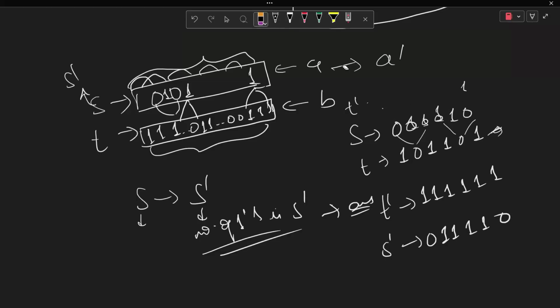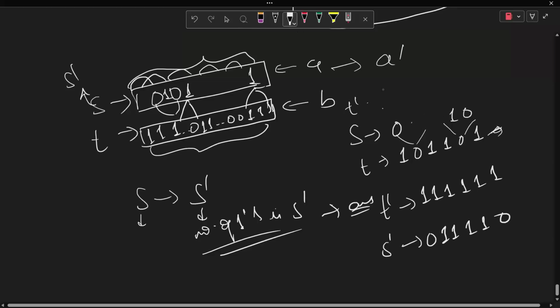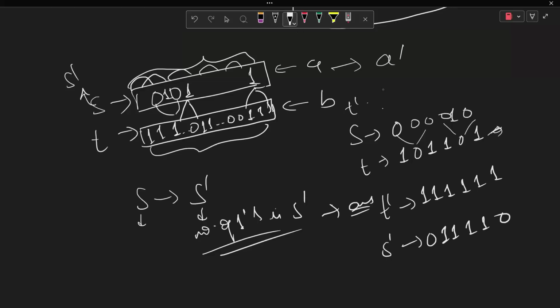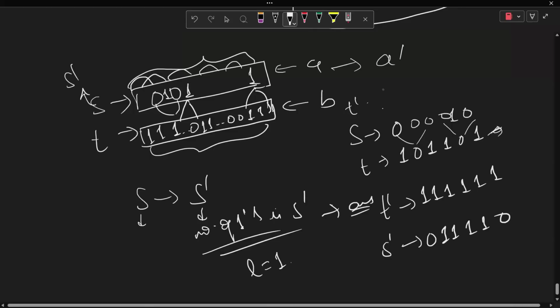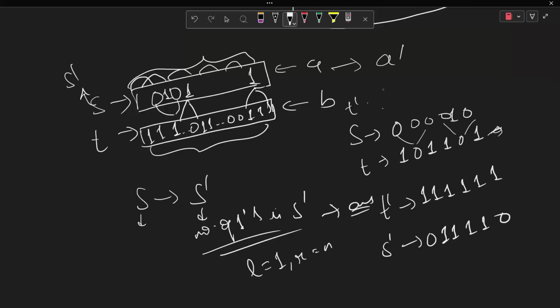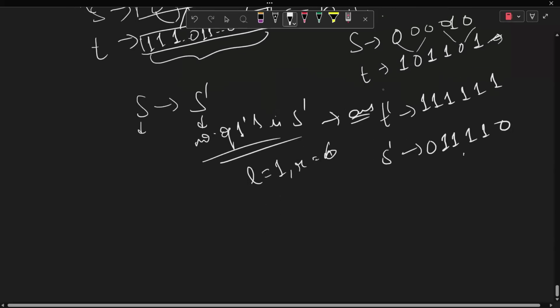Okay. This was your S. So this is the S dash with maximum ones. So let's say you are asked for L equal to 1, R equal to N, or 1, 2, 3, 4, 5, 6, R equal to 6. For this full substring, our answer would be 4.